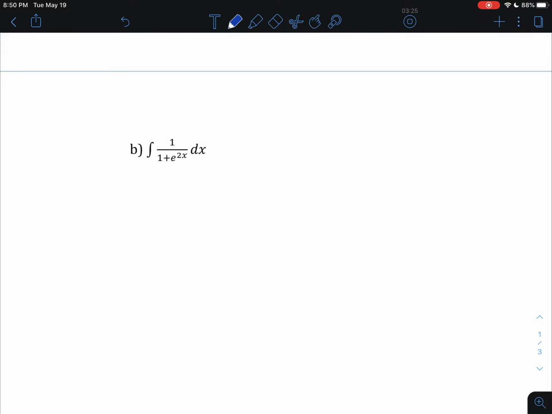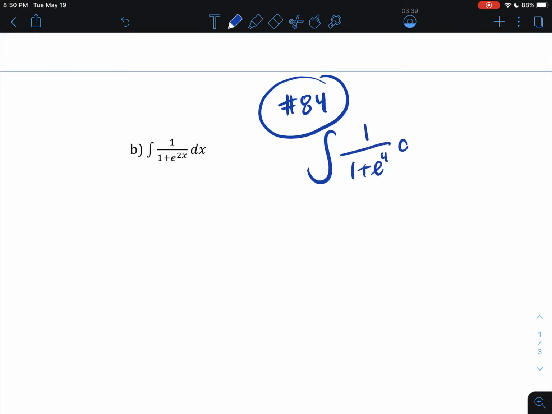All right, so now we have the integral of 1 over 1 plus e to the 2x dx. For this one, I'm going to use number 84. This is the closest. It's not exactly like number 84, but it's very similar. This is the integral of 1 over 1 plus e to the u du, and this equals u minus the natural log of 1 plus e to the u plus c.